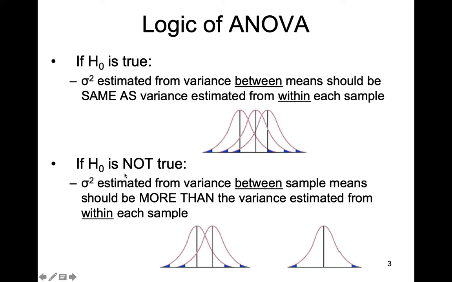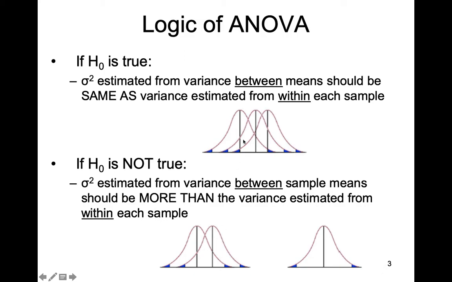Whether the null hypothesis is true or not, the variance of the populations is the same. So if we take random samples from within each of these populations, calculate the variance within each of those samples, and then pool those together, that'll give us the same estimate using this within technique if the null hypothesis is true or if it isn't.